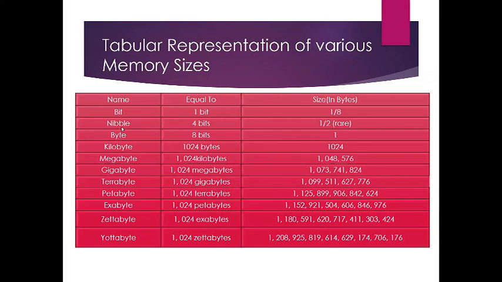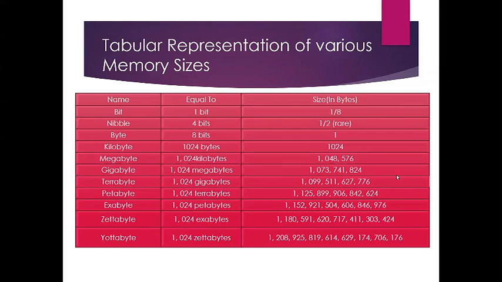Then we have another part, the nibble, which is 4 bits. Usually we are not using the bit and nibble. We probably start straight away from bytes. Then we have the kilobyte, megabyte, and gigabyte. Probably we are not talking beyond the gigabyte, right?